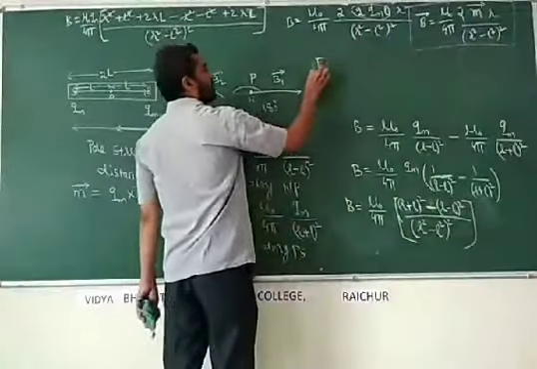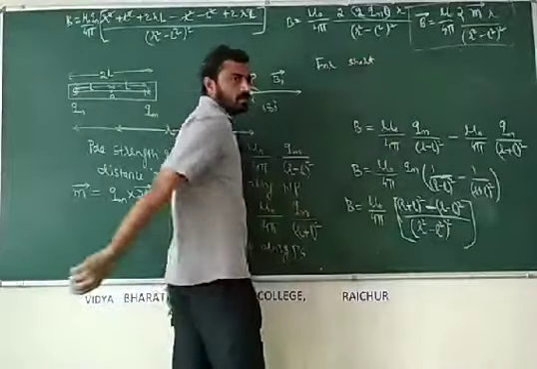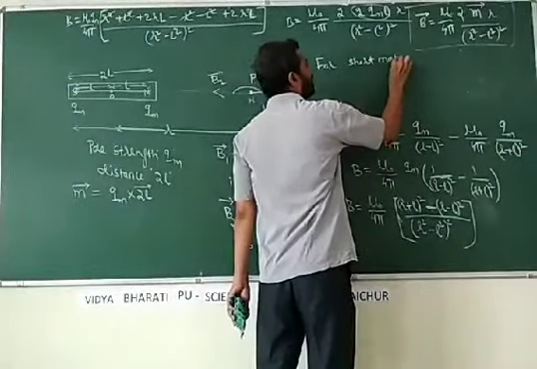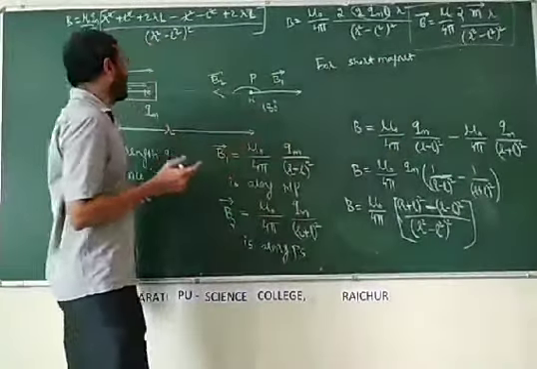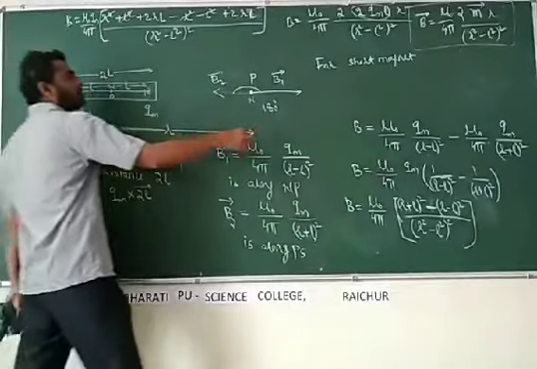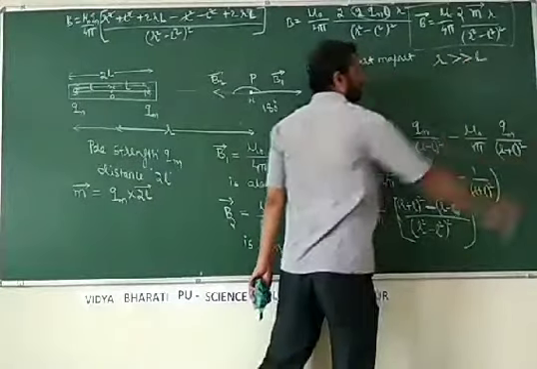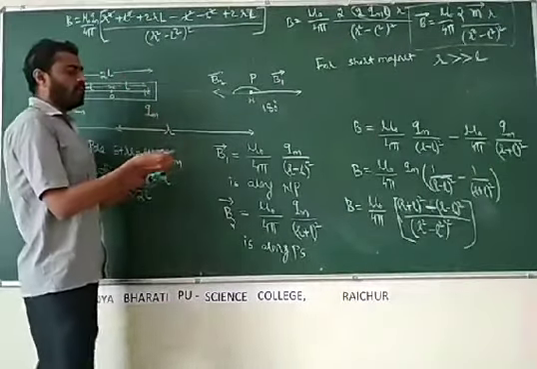For a short dipole, we have done this in electrostatics. For a short magnet, means short dipole, whose length is very small. If r is very great compared with its length, it means our magnet is only of this much.